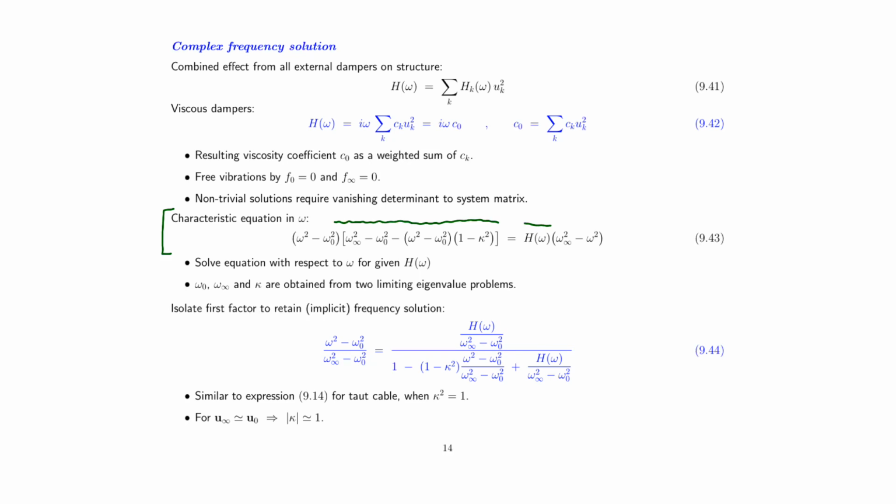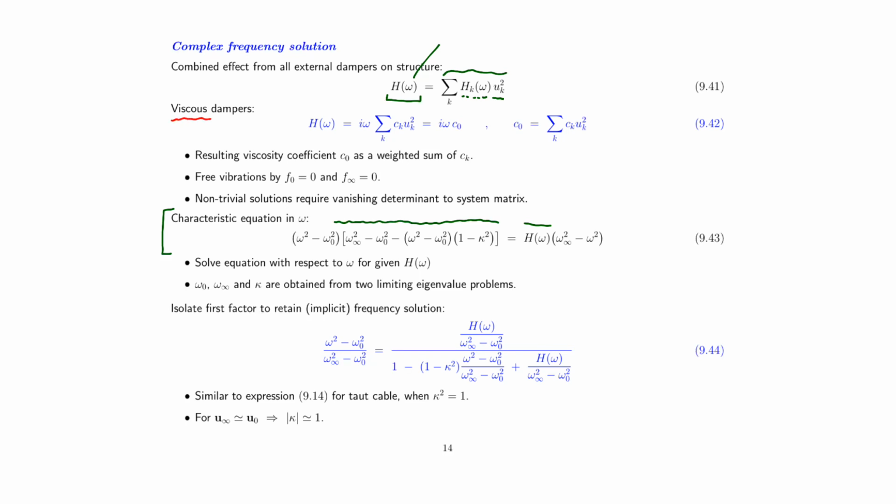Now for a viscous damper or any multiple damper, we have that the h function is equal to the sum of our individual h transfer functions, and it turns out to be convenient to introduce this modal amplitude squared inside the summation so that we get something that is equivalent to the single damper case that we had for the cable.